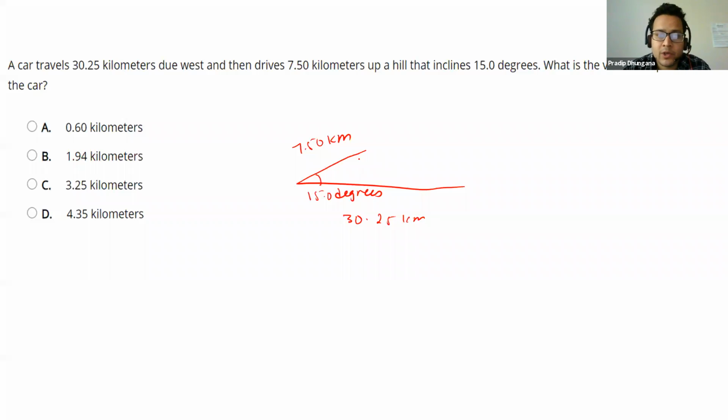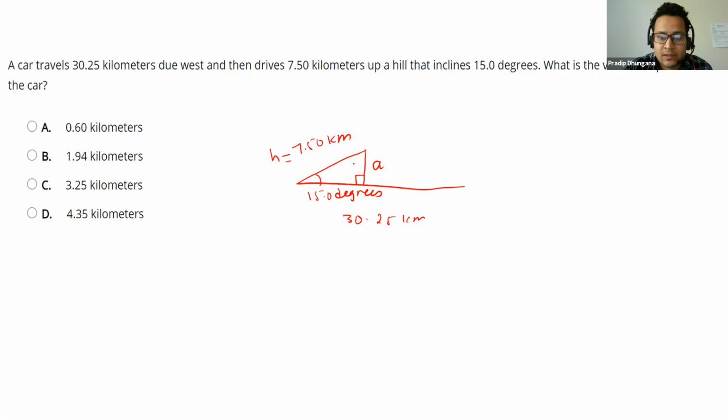The question is, what is the vertical displacement? We have to find this vertical displacement, and this is a right angle. Let us suppose the vertical displacement is A, and H is your hypotenuse.